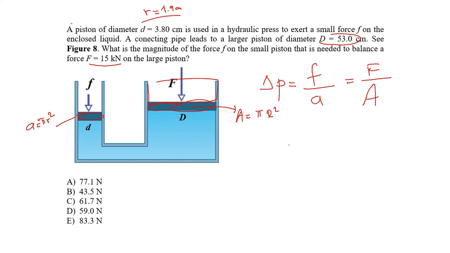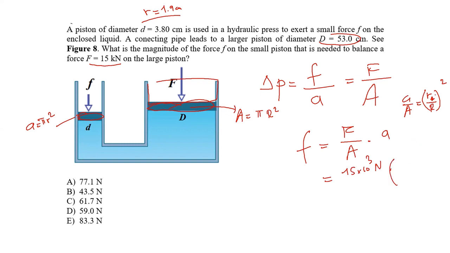So the small force is just F divided by A multiplied by A. So I will have 15 times 10 to the power 3 Newton multiplied by A. Of course, the pi will go down. Here, this ratio A divided by capital A will be the ratio of the small radius divided by the big radius, squared.